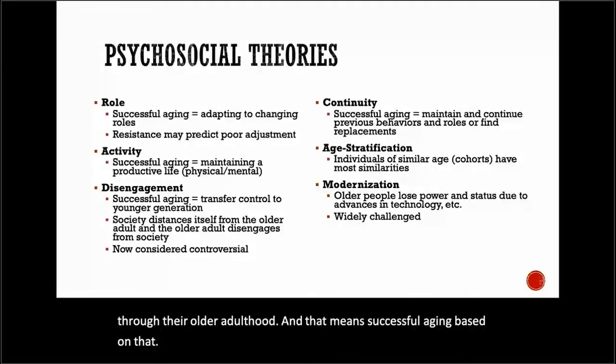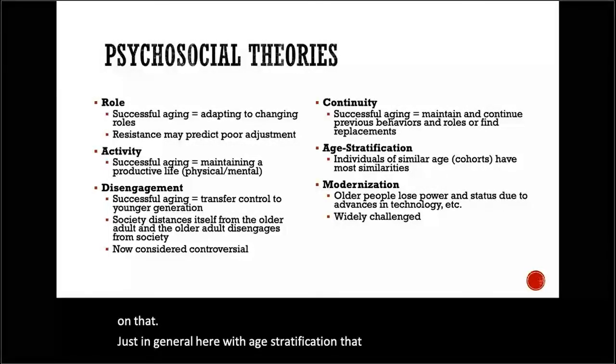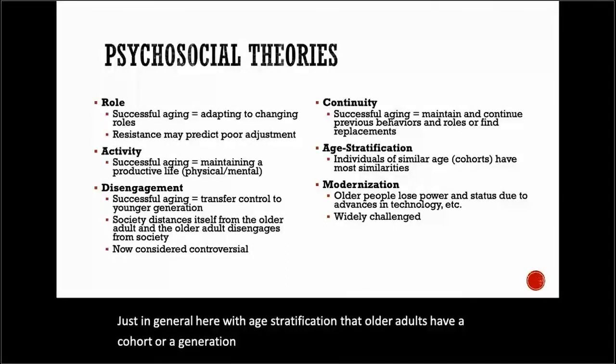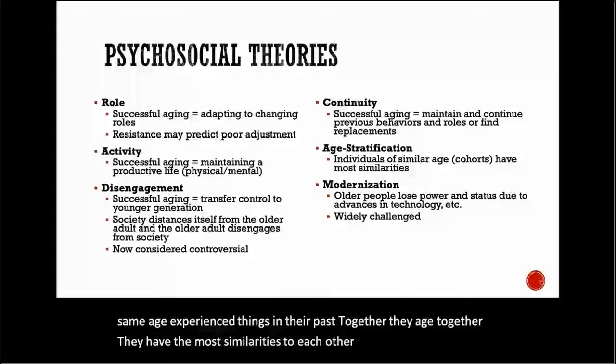Just in general here with age stratification, older adults of a cohort or a generation, those people who are around the same age, experienced things in their past together, they age together, they have the most similarities to each other when you're closer in age.